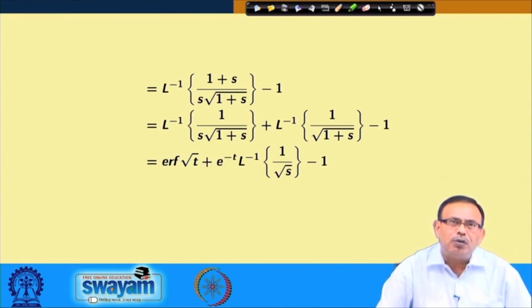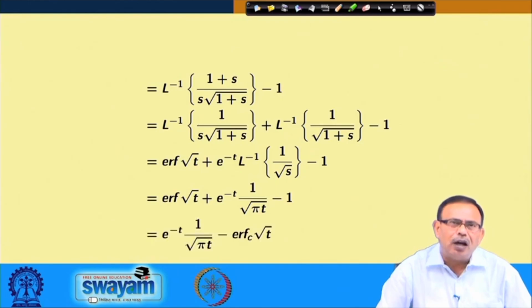This root over 1 plus s I am writing using the property e power minus t into Laplace inverse of 1 by root s, and you can write down the second term as e power minus t into 1 by root pi t minus 1, and ultimately I am obtaining the result as this one.